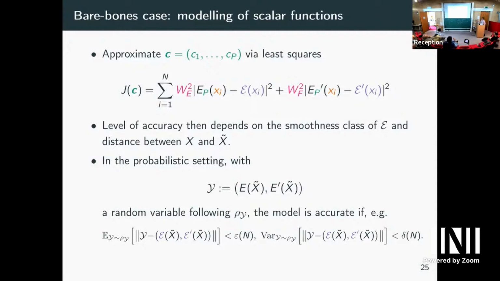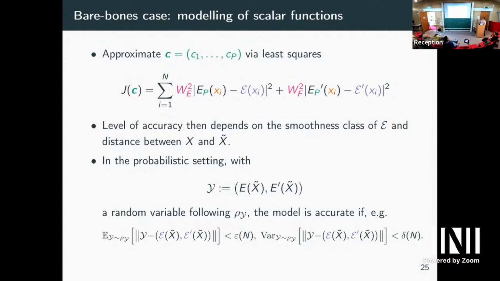deterministic level. On the probabilistic setting, where you can treat this as a random variable, you can do Bayesian inference in some way, or you can do Gaussian processes, or all sorts of things. You end up with some posterior distribution, and one way you can say that the model is accurate is that in expectation you have still this property that epsilon decreases with the number of data that you feed, and then perhaps also the first moment, the variance, decreases, but delta is again a parameter that decreases with n.